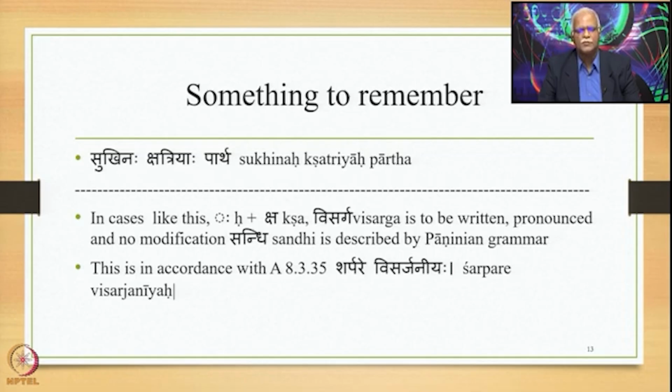So visarga is not to be substituted by anything else, and you have several examples in the Srimad Bhagavad Gita and all over Sanskrit literature. Always remember this particular fact: when a visarga is followed by ksha, pronounce the visarga or write the visarga as visarga and never as anything else.